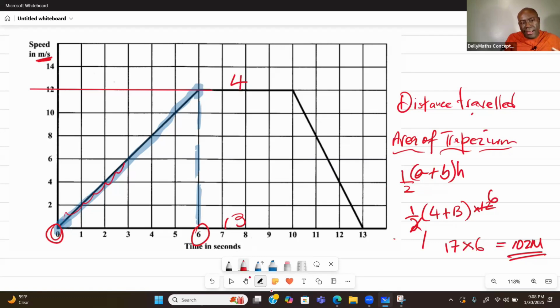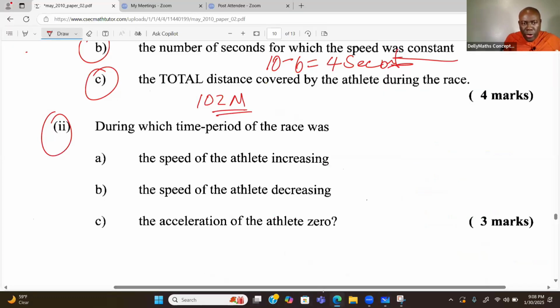You could see the athlete's speed was climbing: 2, 4, 6, 8, 10, until it reaches 12. So between 0 and 6 seconds, the athlete was increasing in speed.